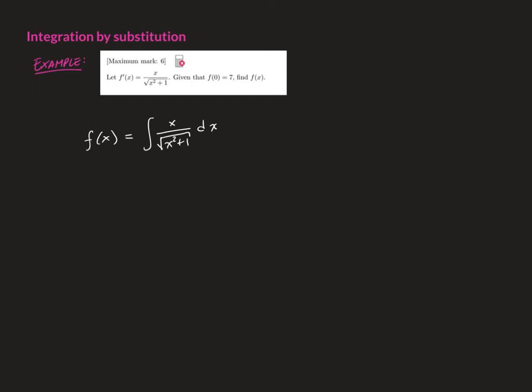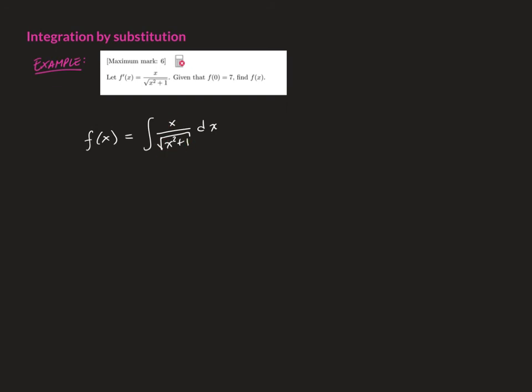Now, before we do that, we can recognize that this is a composition of the square root function with x squared plus 1. And additionally, x is part of the derivative of x squared plus 1.